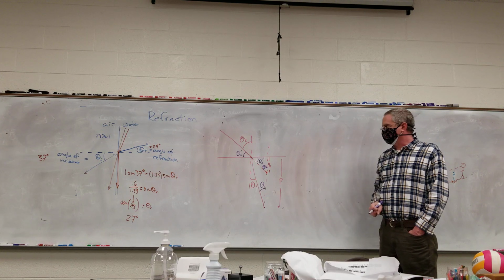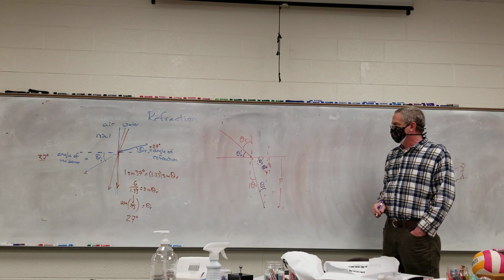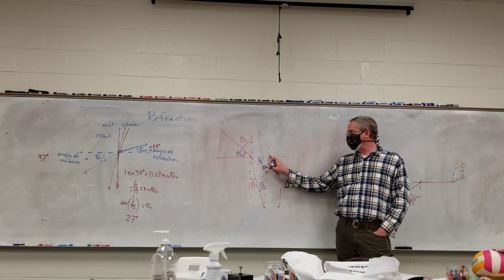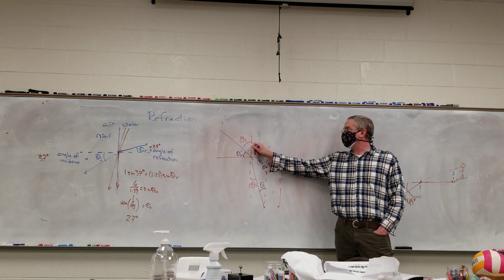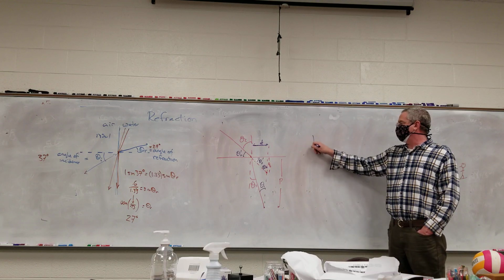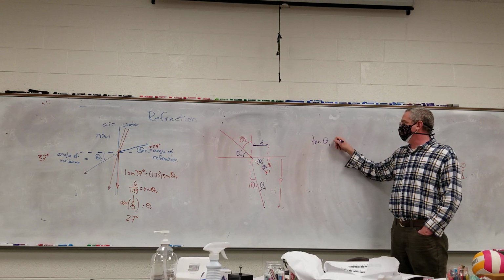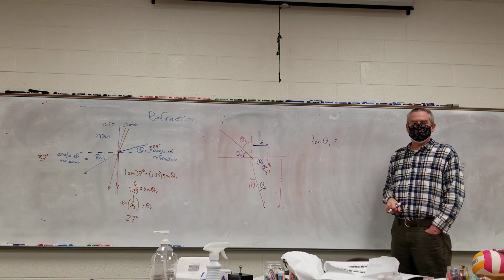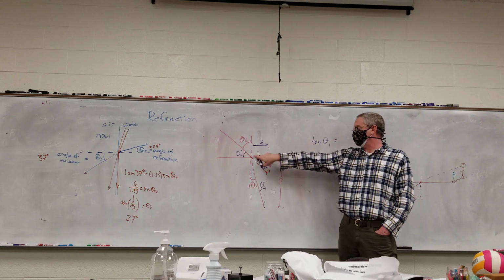All right, let's play around here. I have this length here is P and this length here is D, which I had labeled before, but forgot to relabel. So the tangent of theta 1 is the opposite over the adjacent side.